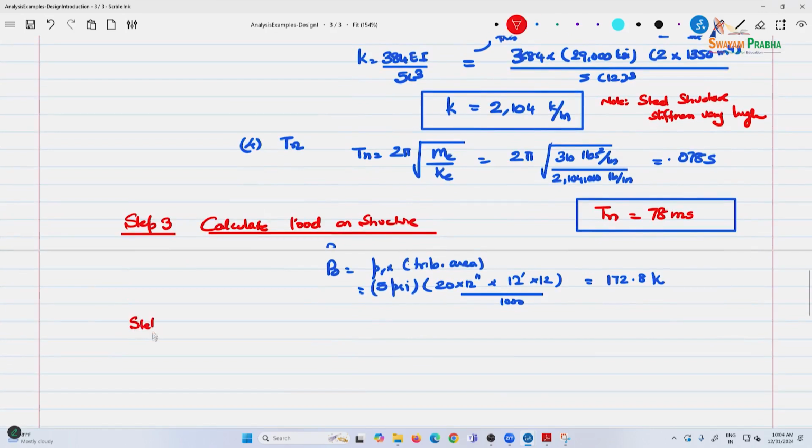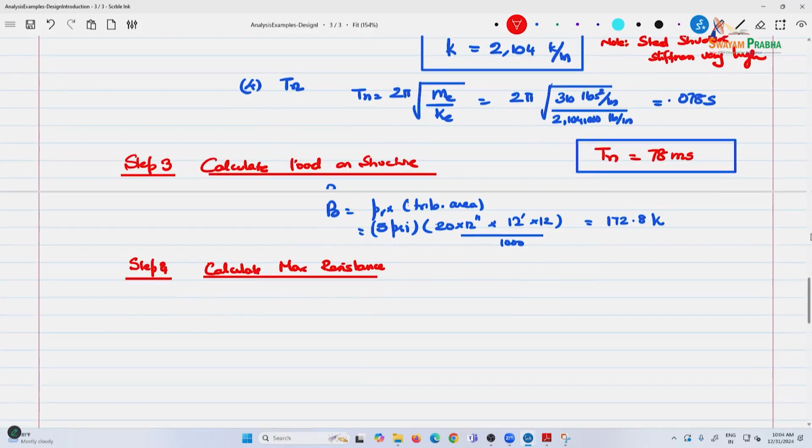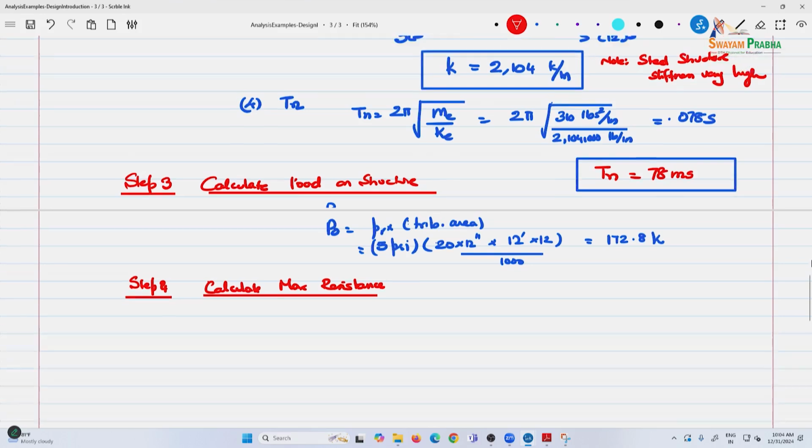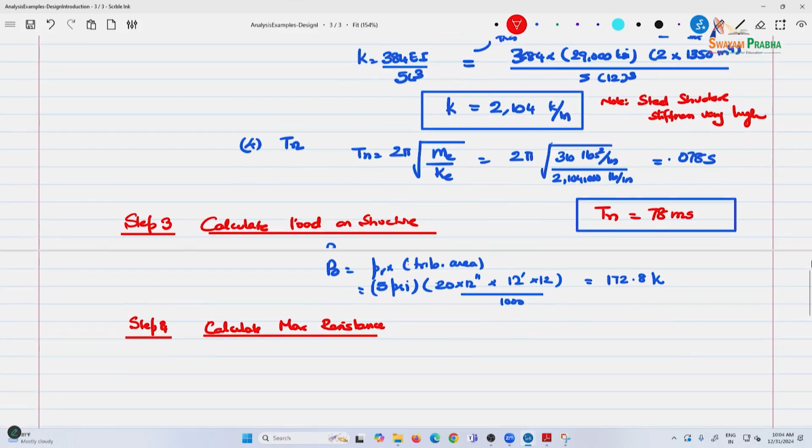The resistance function, resistance is quite easy to calculate here. So calculate the maximum resistance, and I will mention a couple of things in this case. So this is the wall, 20 times 12.